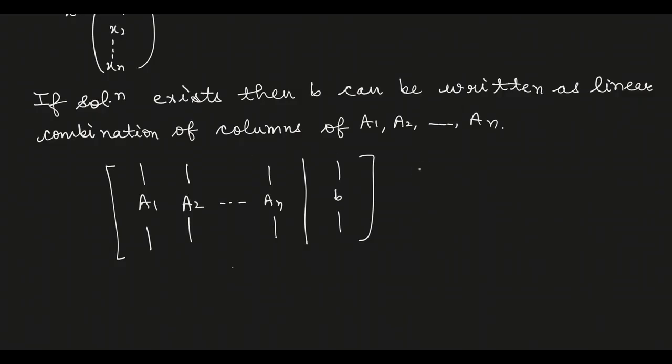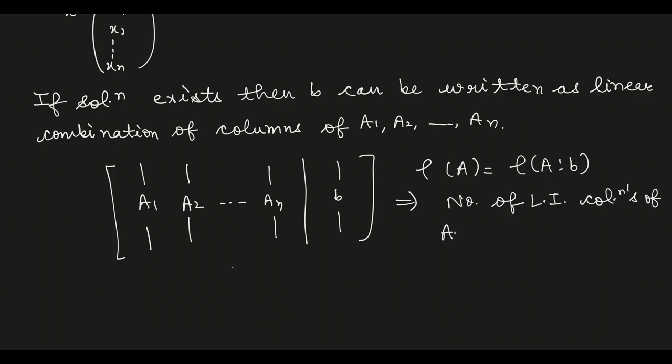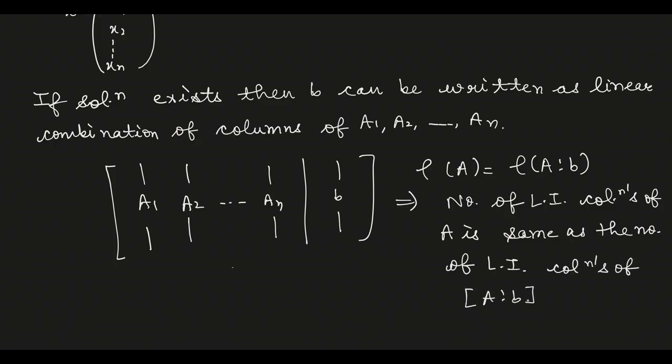So if a solution exists, rank of A is equal to rank of the augmented matrix. This implies the number of linearly independent columns of A is the same as the number of linearly independent columns of the augmented matrix. And also in this case, B is dependent with respect to the columns of A.